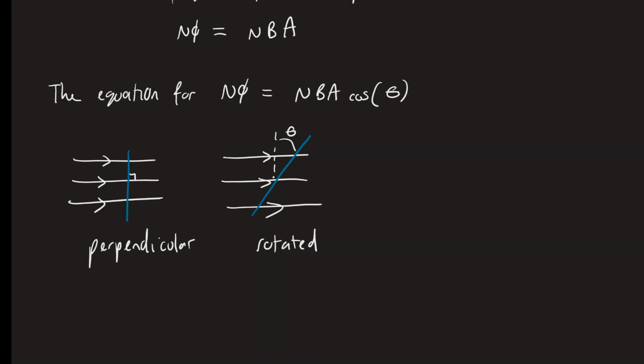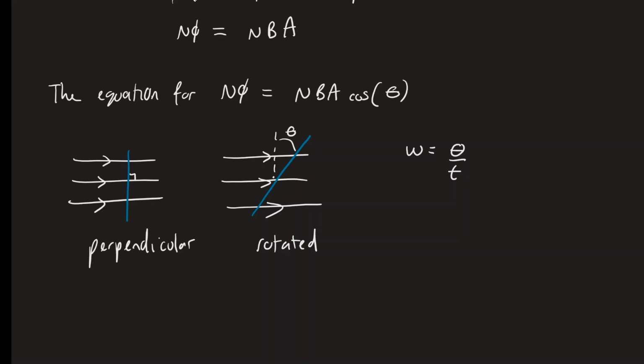If we want to keep generating a voltage, we have to keep changing the magnetic flux linkage through the coil. The only way we can do that is if we keep rotating the coil. And the simplest way to think about that is if the coil rotates at a constant rate, like it has a constant angular speed. In further mechanics, in physics, we write angular speed as omega, and it's equal to theta over t when it's constant.